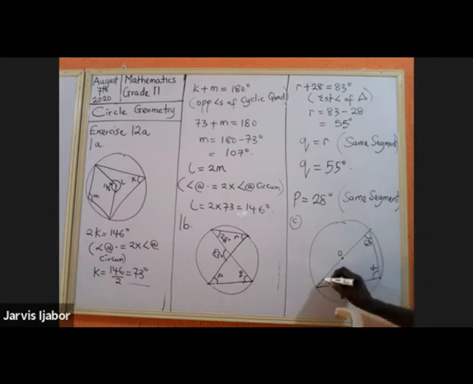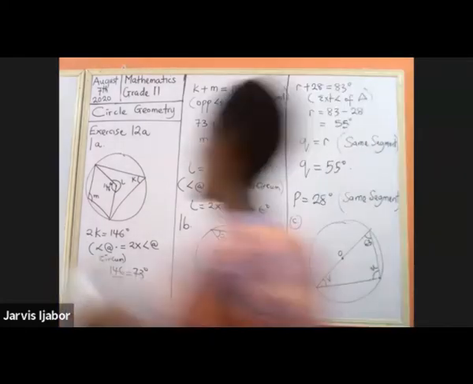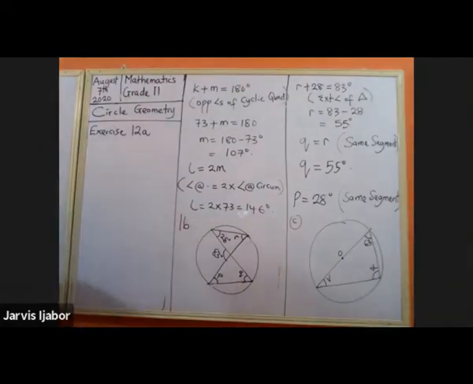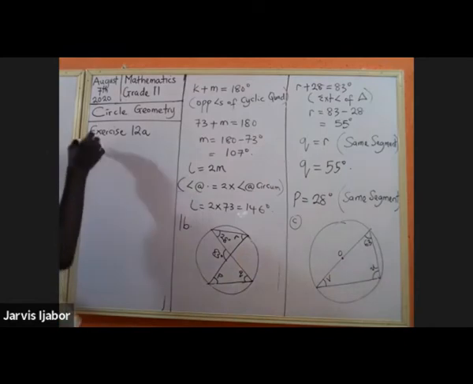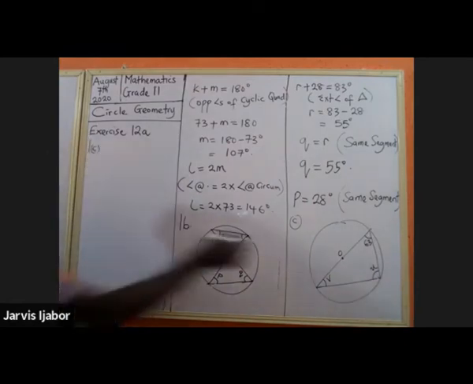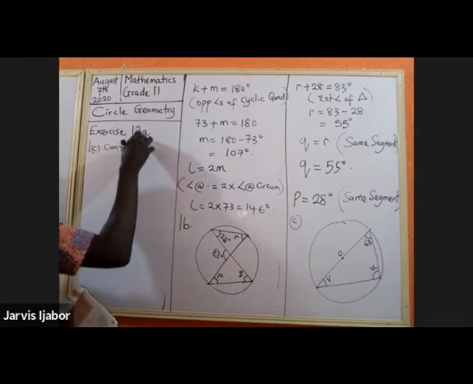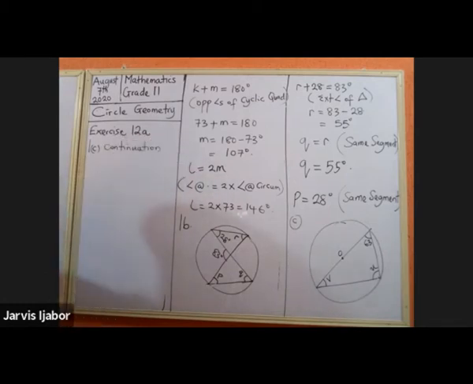U and V, right? So that's for question C. How do you handle that? So for 1C now, a continuation from here.